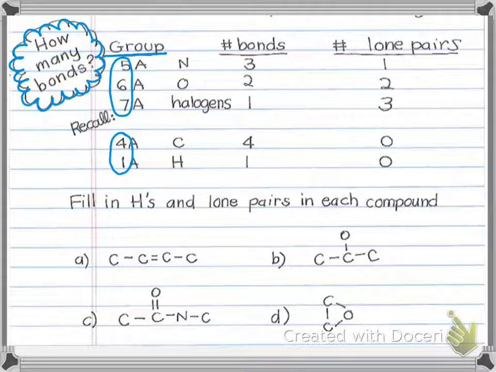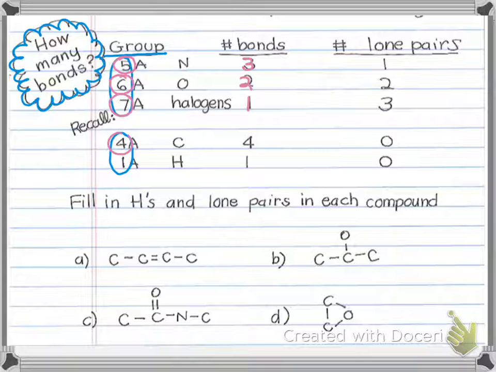So we can predict the number of bonds based on how many valence electrons they have and what it would take to make 8. So group 5A, like nitrogen, would like 3 bonds. Group 6A would like 2, because 6 plus 2 is 8. 7A would like 1, because 7 plus 1 is 8.